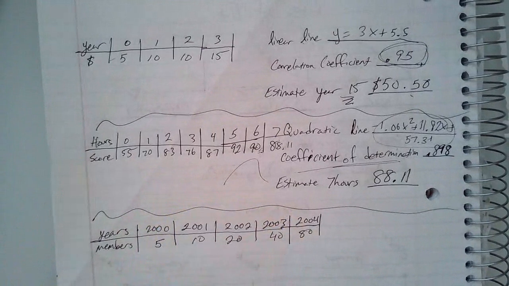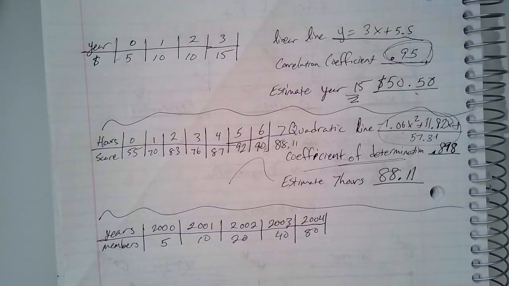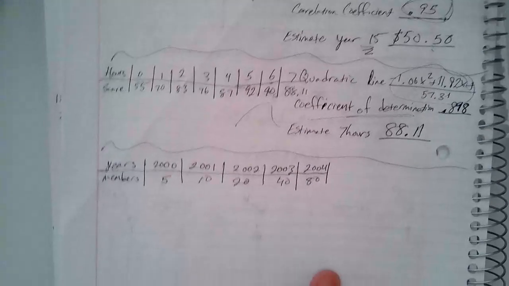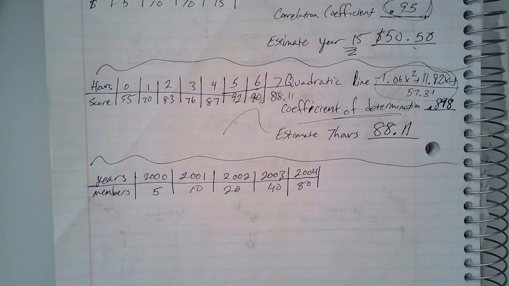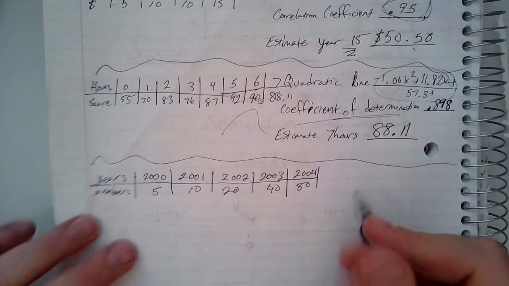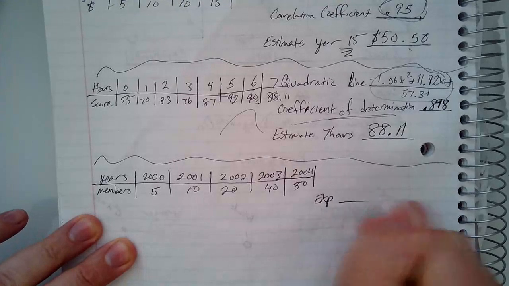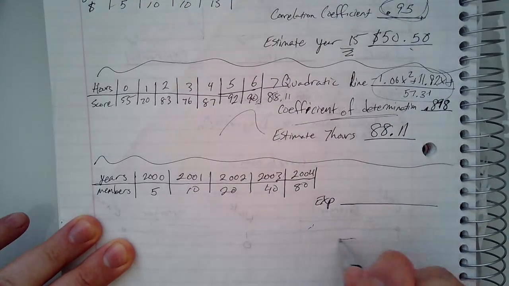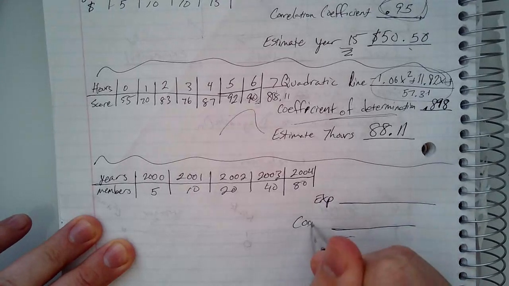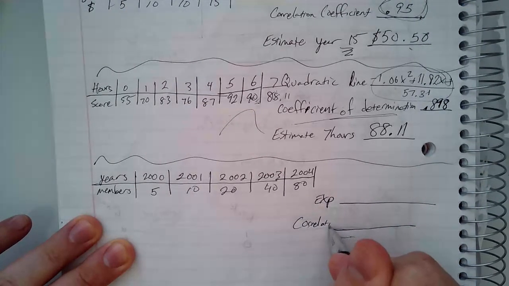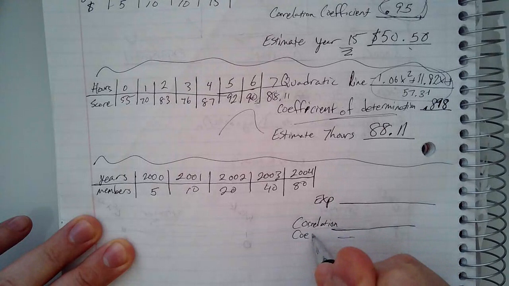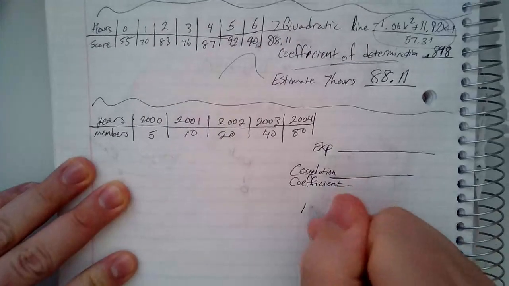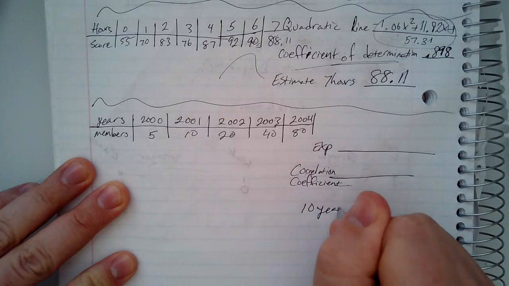All right, the last problem for today says, what is the exponential line of best fit for the numbers of members since 2000 that is represented in the table? It wants to know exponential line, and then it wants to know the correlation coefficient, and then it wants to know the estimated number after 10 years.